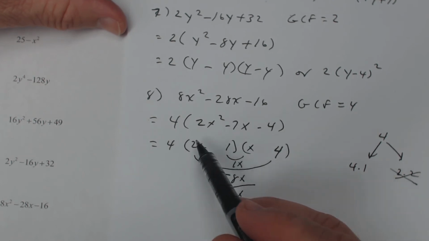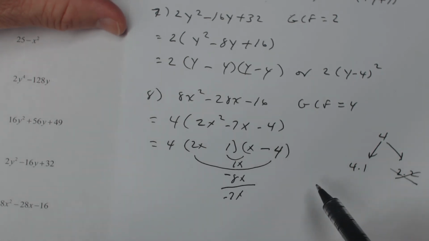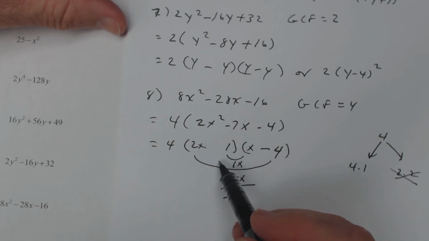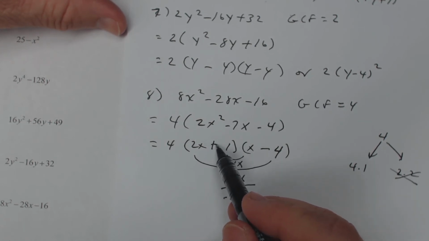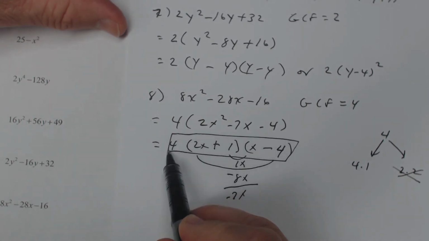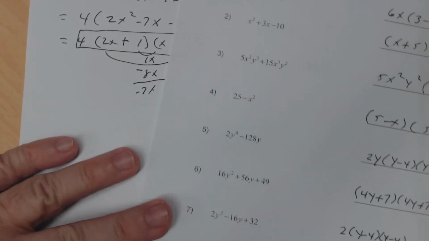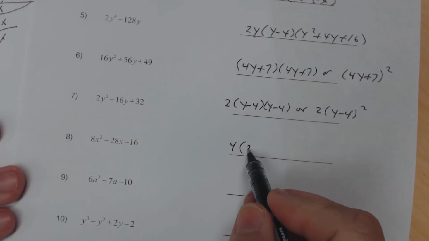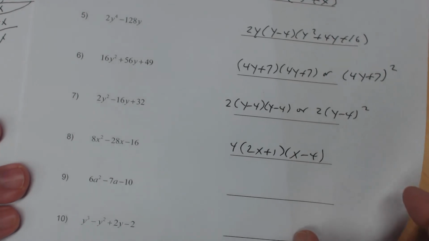So the only way you can get a negative 8x is if this was a subtraction right here. So this factor becomes x minus 4. And the only way you can get a positive 1x is if you write this as 2x plus 1. So this is your answer right here. So number 8, you're going to get 4 times 2x plus 1 times x minus 4.